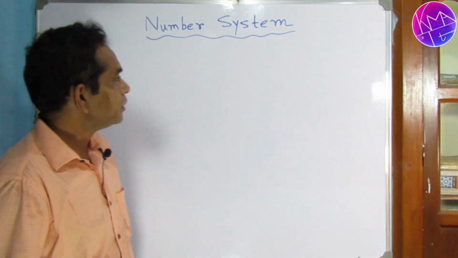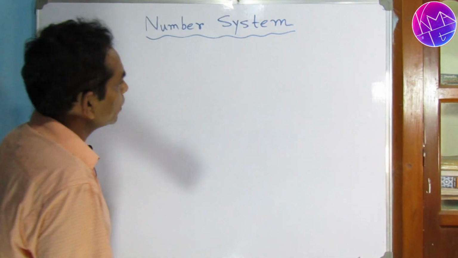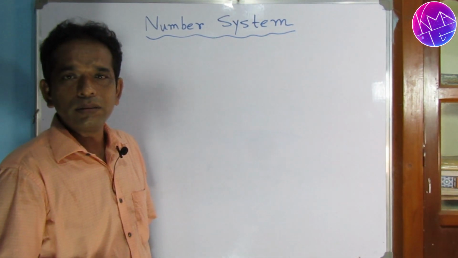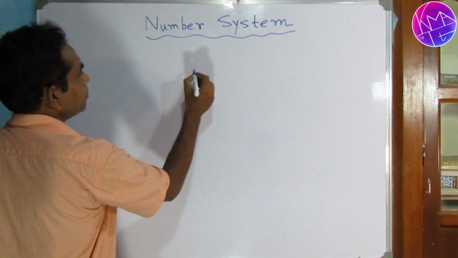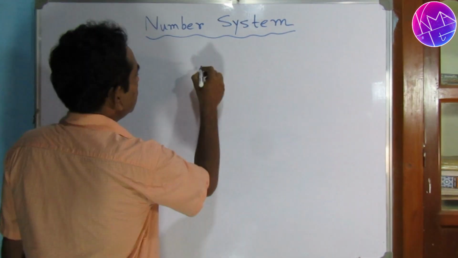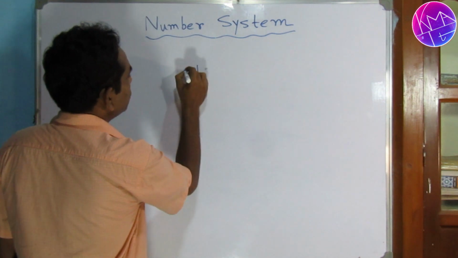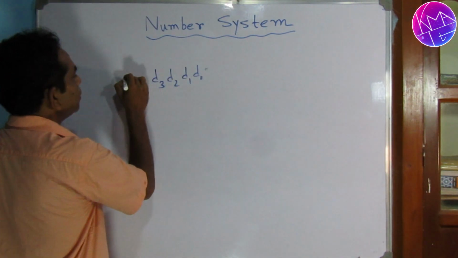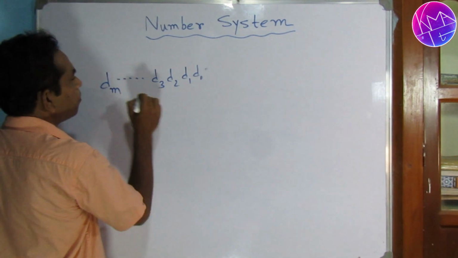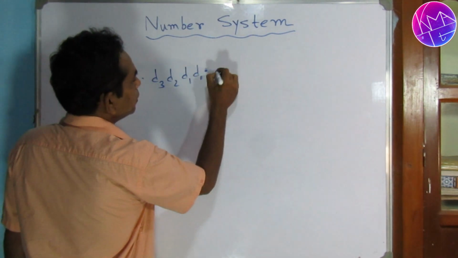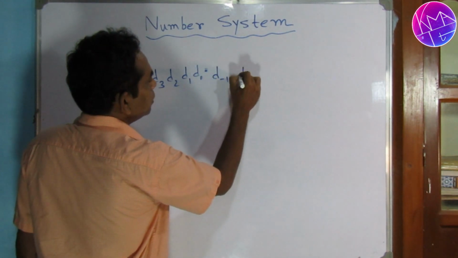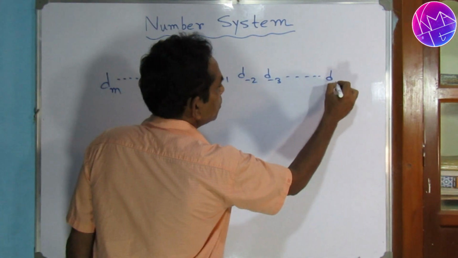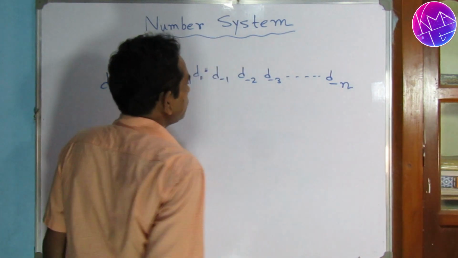Now let us first see the general representation of a number in any number system. This is the decimal point against which you can write down D0, D1, D2, D3, up to Dm. Then D minus 1, D minus 2, D minus 3, D minus n.